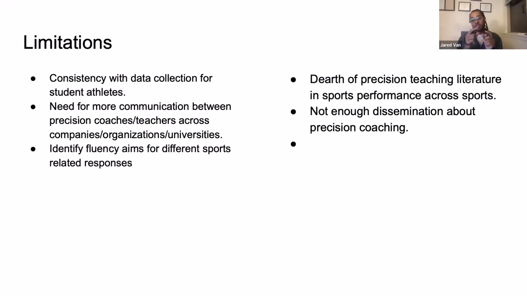Typically, for any individual trying to reach the highest level of sports performance they can, we want to see those performances improve, and we need to see some data on it, some research. There's also not enough dissemination about precision coaching and what Team ABA and other individuals in the field are doing. There needs to be more talk about that.